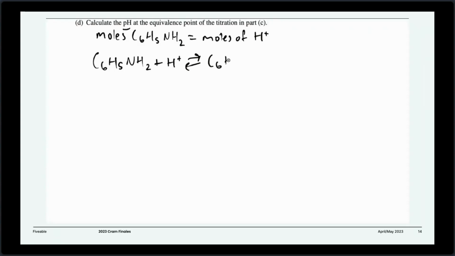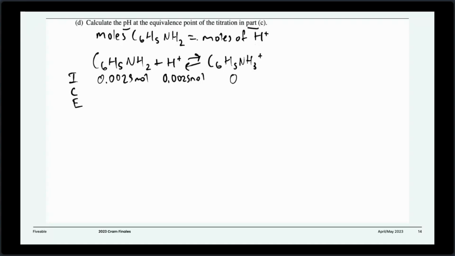So it's going to be C6H5NH3 for our conjugate acid, and we yet again set an ICE table up, and our initial for our aniline is 0.0025 moles if we refer back from part C, and our hydrogen ions will also be 0.0025 moles, since we said the equivalence point is moles of aniline equals moles of the hydrogen ions, and the conjugate acid will be 0.